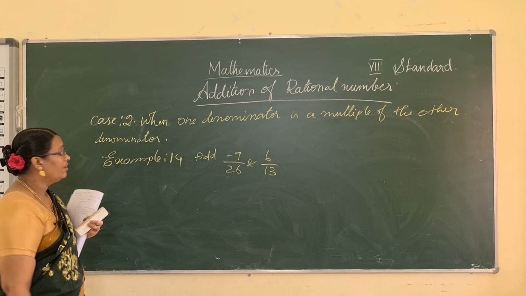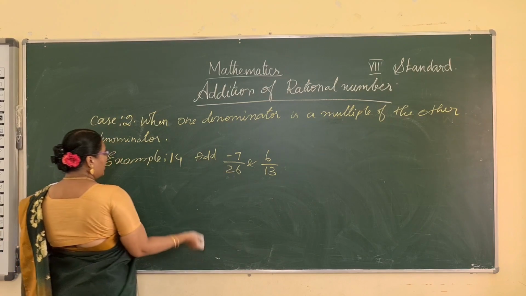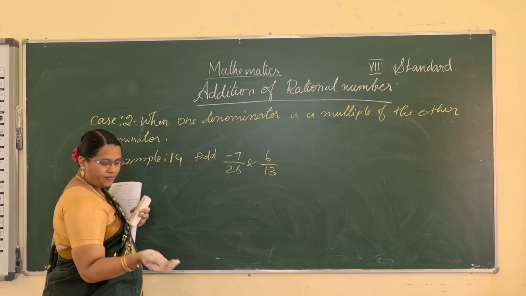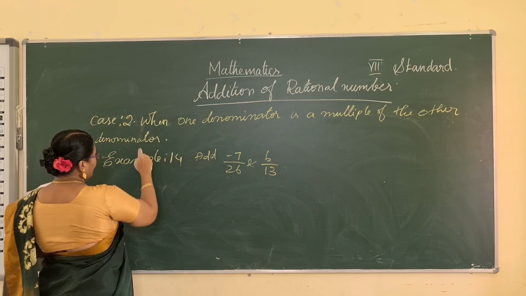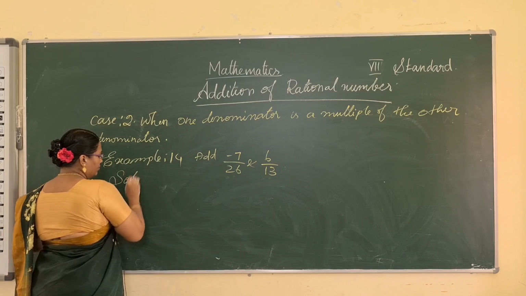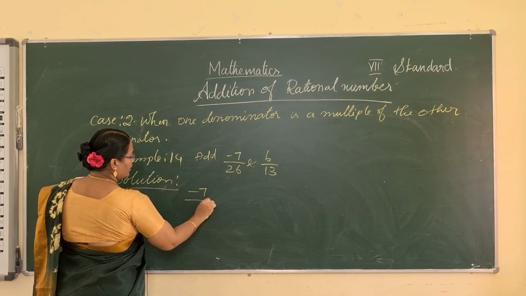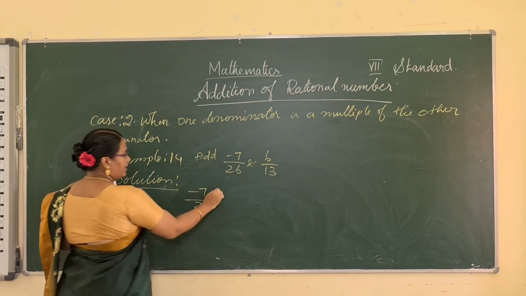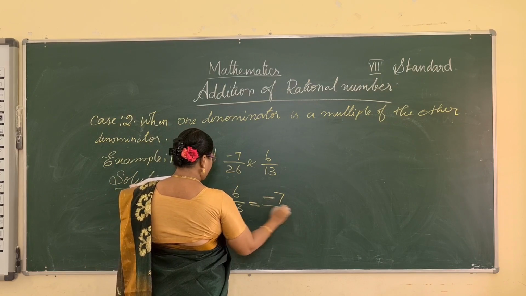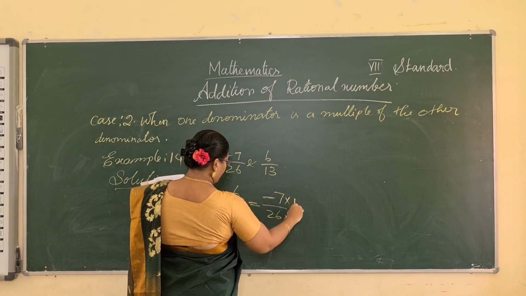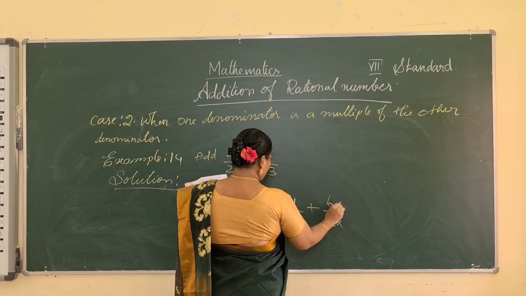13 twos are 26. This is another one of the method. So as usual we take the LCM of 26 and 13. The LCM of 26 and 13 is 26. That is a multiple of the other denominator. So solution: minus 7 by 26 plus 6 by 13 is equal to minus 7 by 26 into 1 plus 6 by 13 into 2.